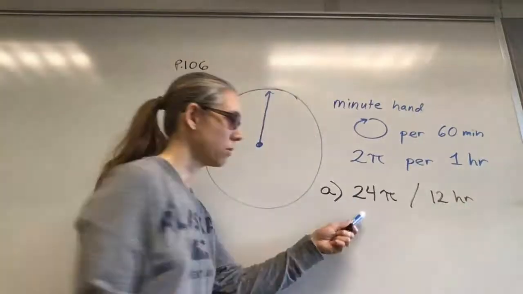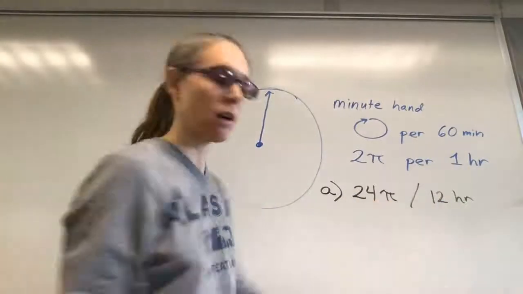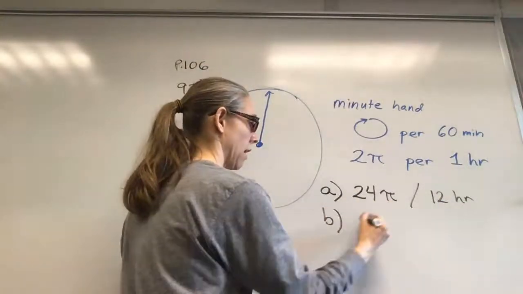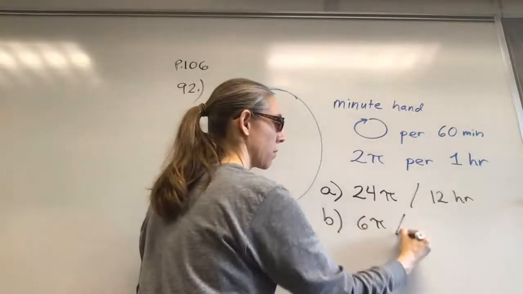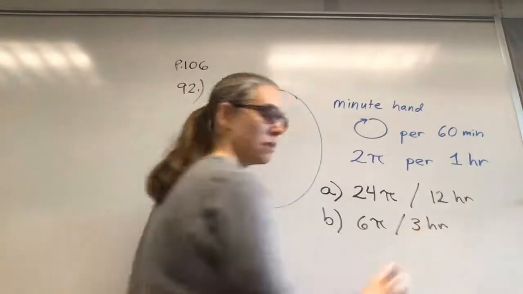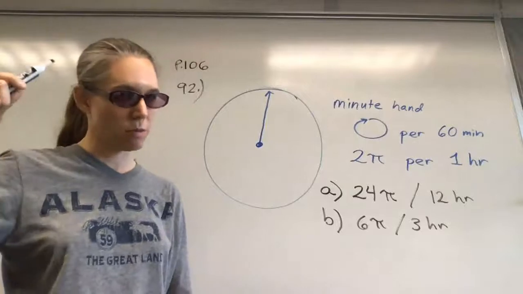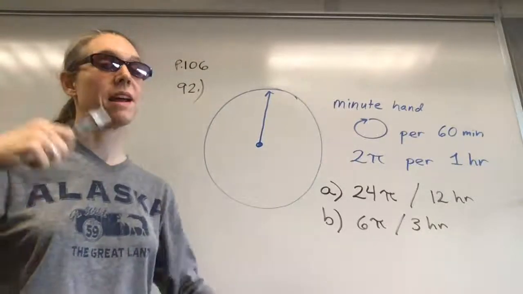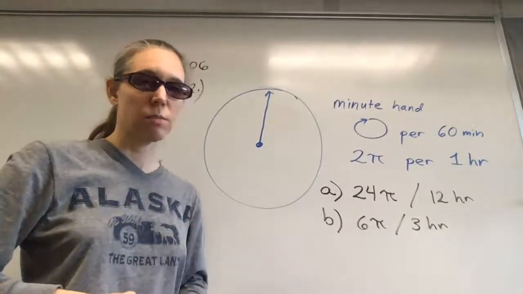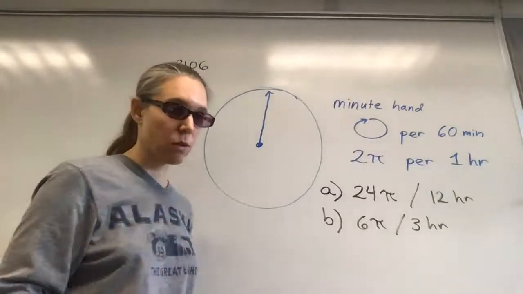So 24 pi radians per 12 hours and 6 pi per 3 hours. This is not that complicated. You just had to revert back to some intuition about what a minute hand does.